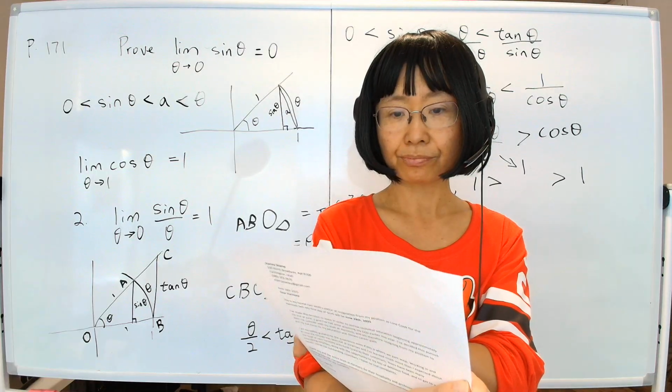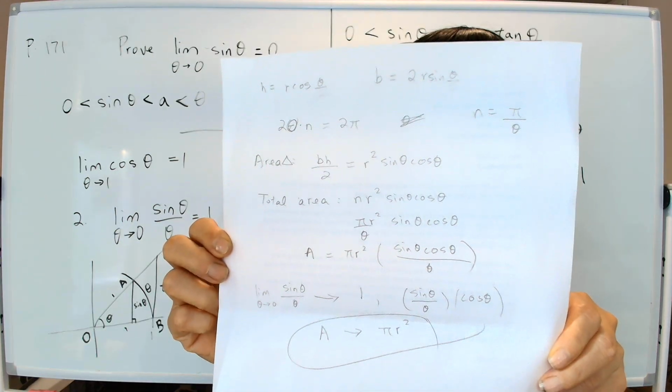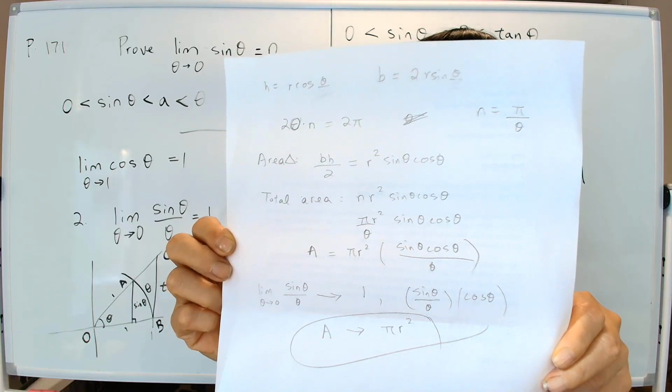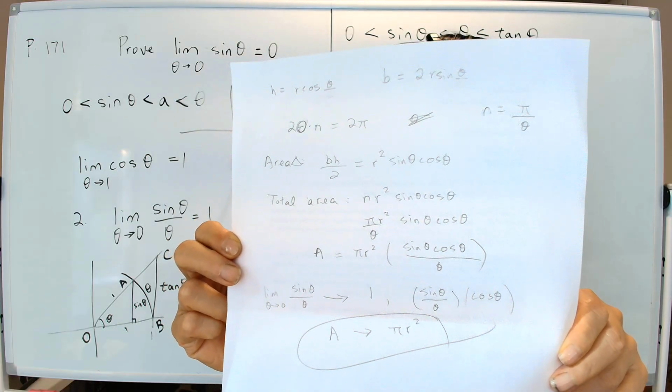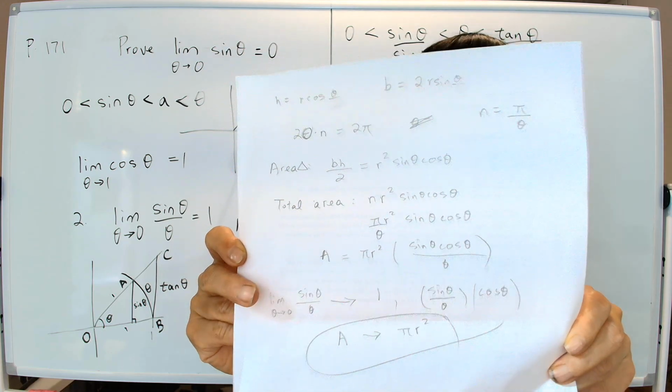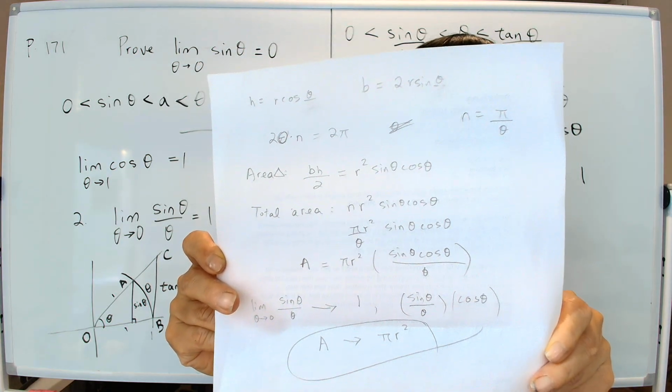So then the solution becomes 2 theta times n equals 2 pi, where n is the number of triangles. And n then equals pi over theta.